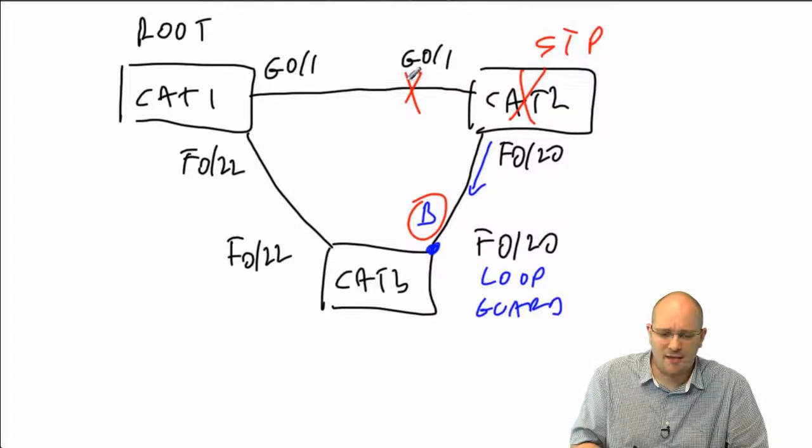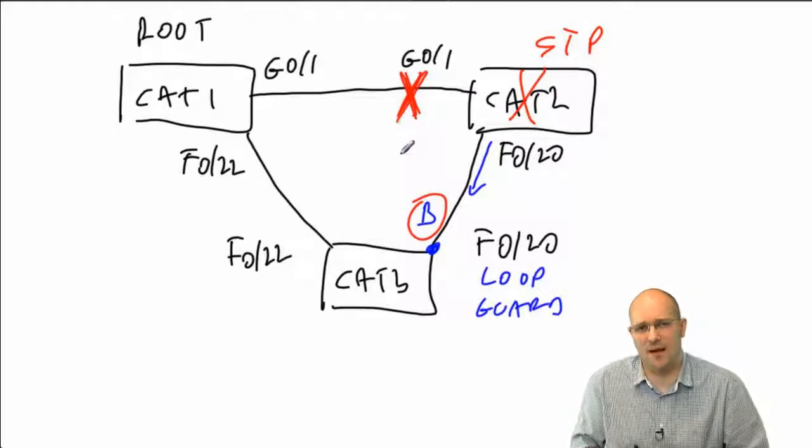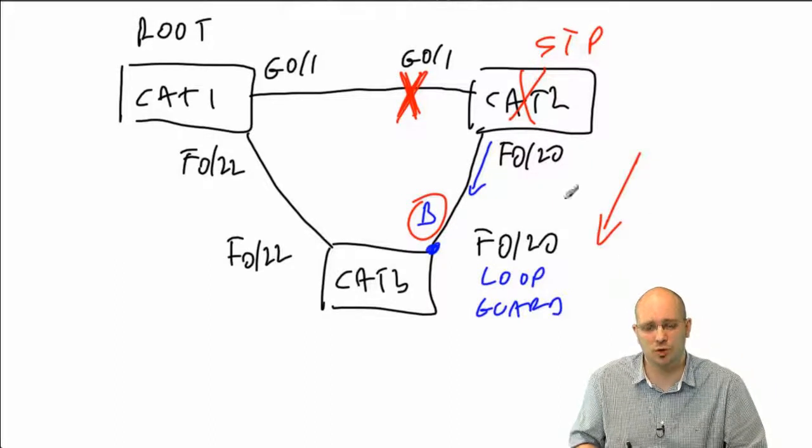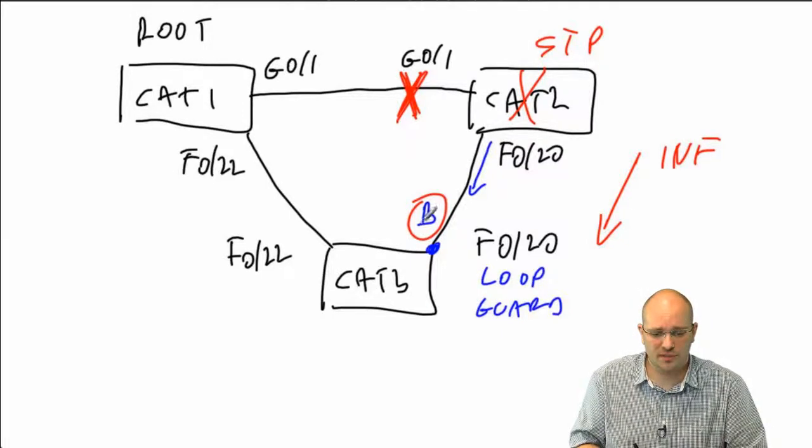Why? If I start by shutting this link down, remember what's going to immediately happen on Cat2. That was the first example. A BPDU is going to be sent by Cat2, and this will be an inferior BPDU. This will cause this port here to transition to become a designated port.